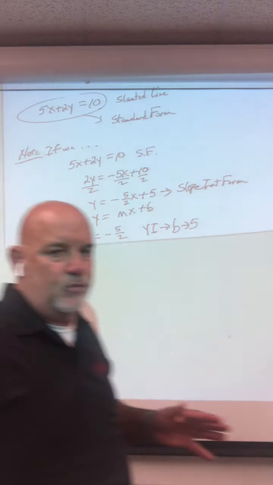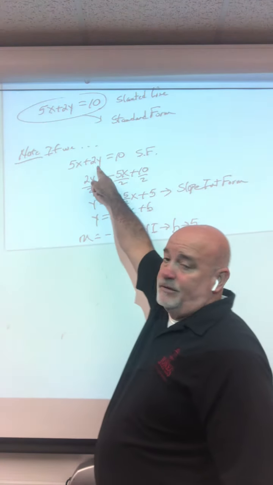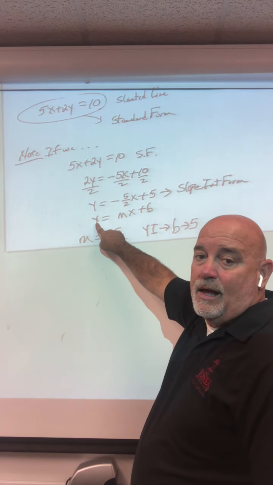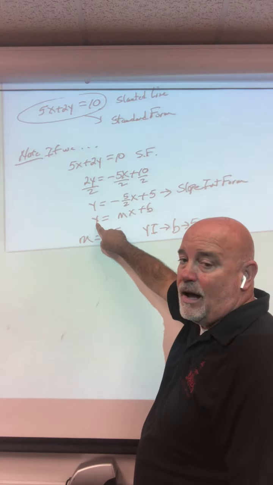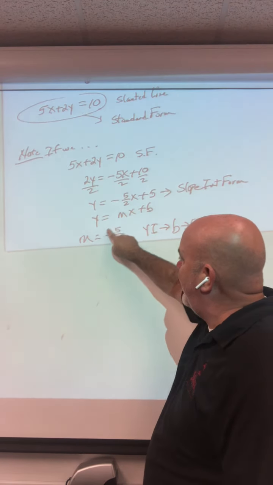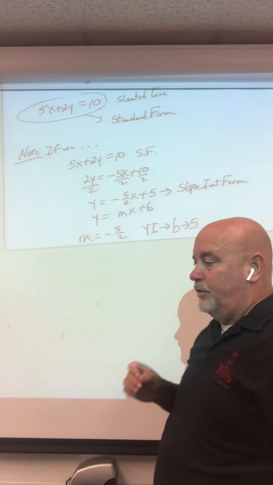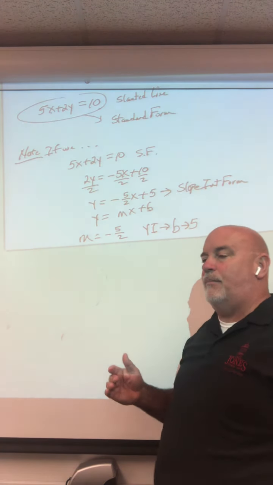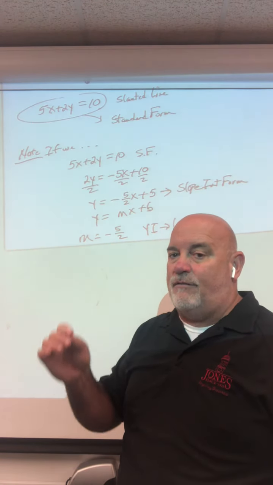Now never mind what we're going to do with this. So here's what I'm wanting you to get from this. If you take any equation and you solve it for y, if it's a linear equation, and you solve it for y, the number that is in front of x is always your slope. So you say, Mr. Rayner, is the slope always the number in front of x? No. It is after you solve it for y.